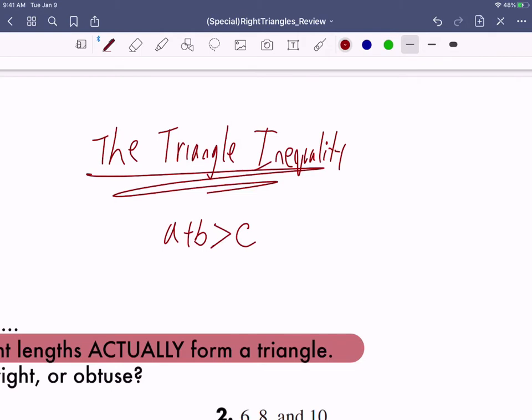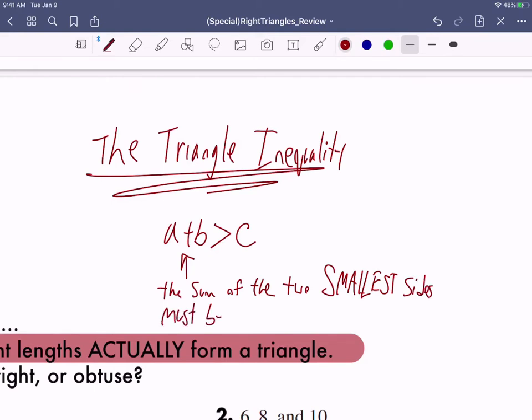This is not Pythagorean. It just basically says in English the sum of the 2 smallest sides must be strictly greater than the 3rd side.